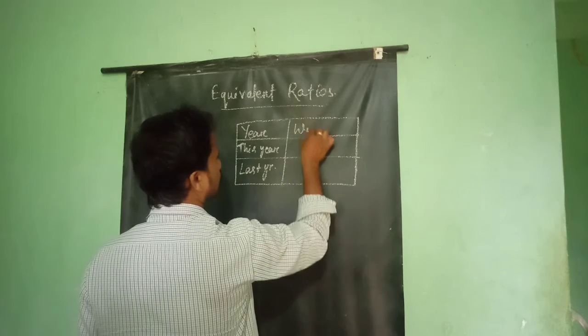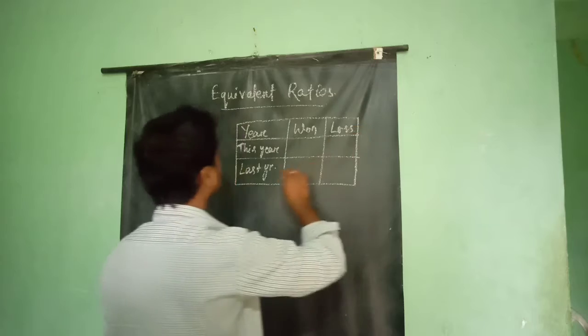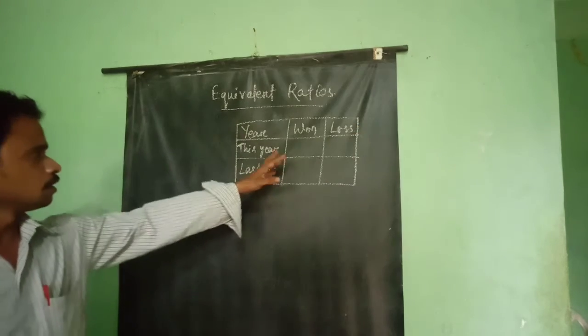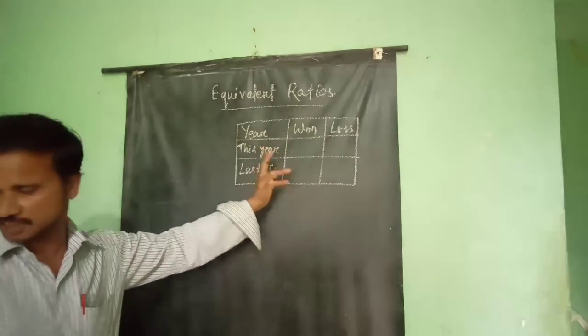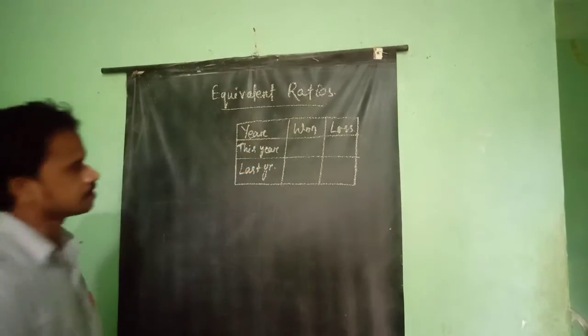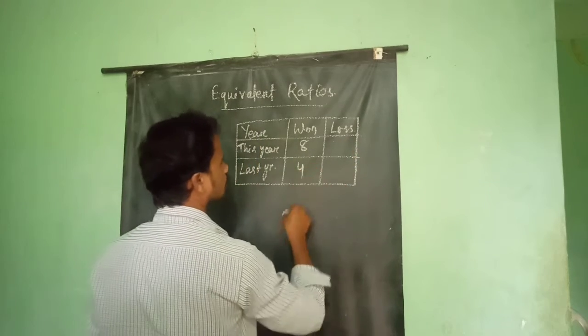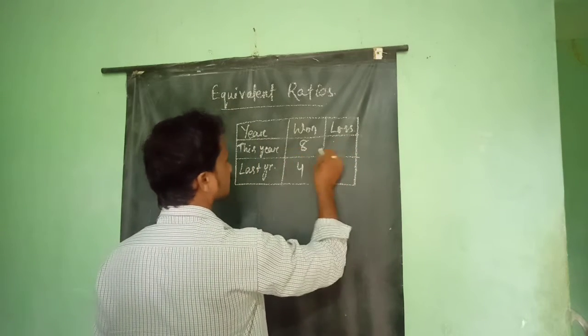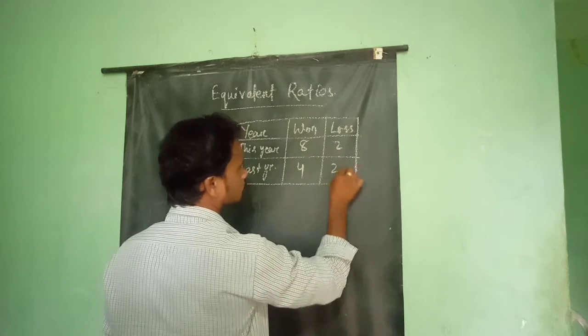यहाँ पर देखते हैं won matches and lost matches. So suppose the number of won matches this year is 8 and last year is 4, but the losses this year is 2 and last year losses is 2.